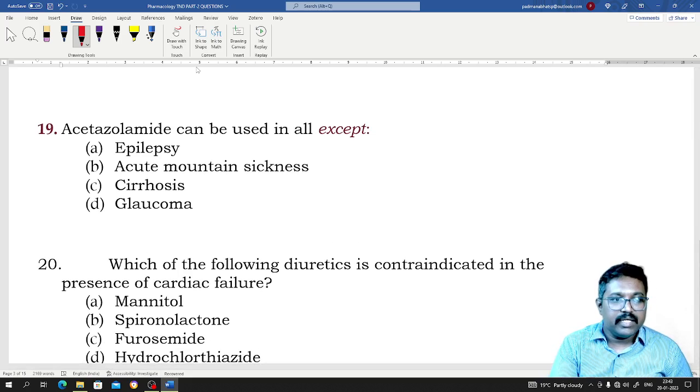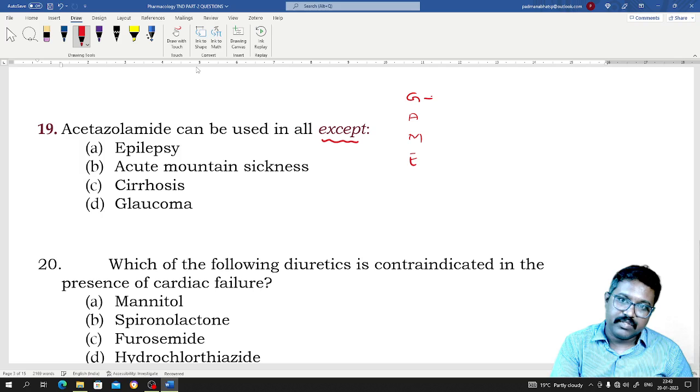So next, coming to the 19th question, that is, acetazolamide can be used in all except. So you can remember the mnemonic, the game for acetazolamide use. They are used in case of glaucoma.